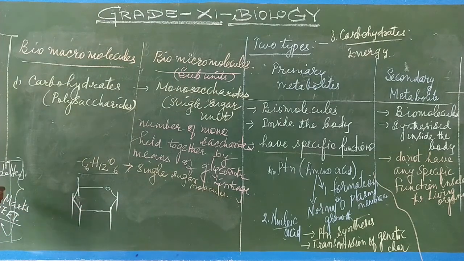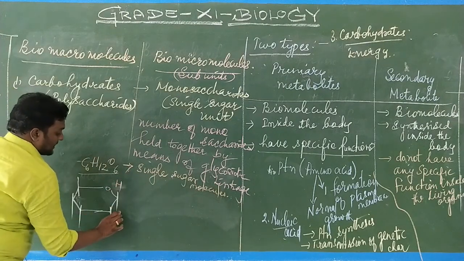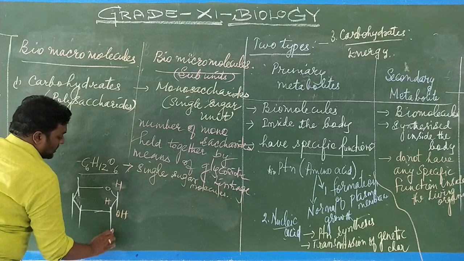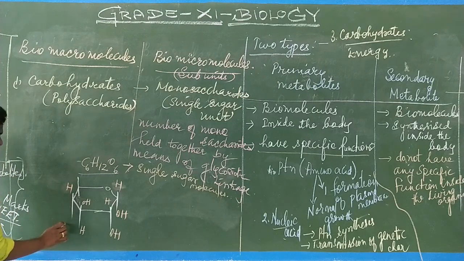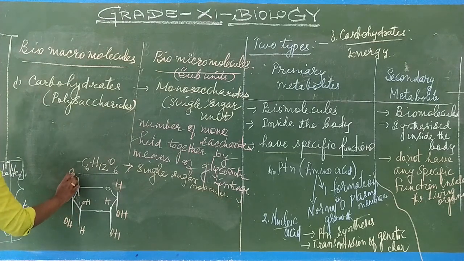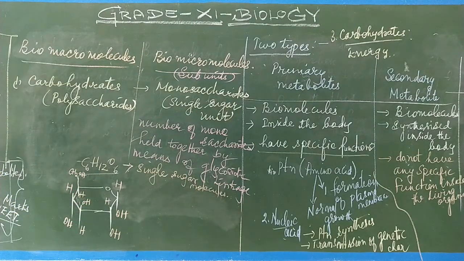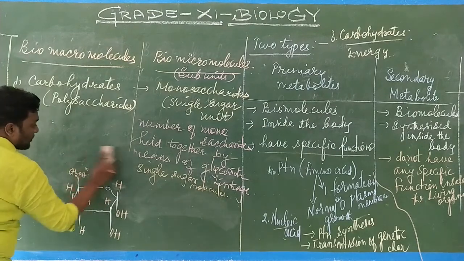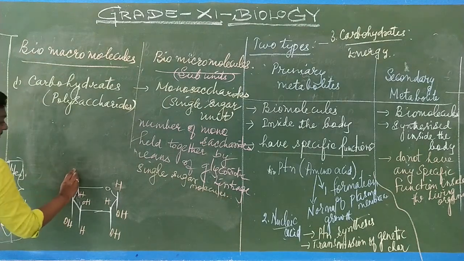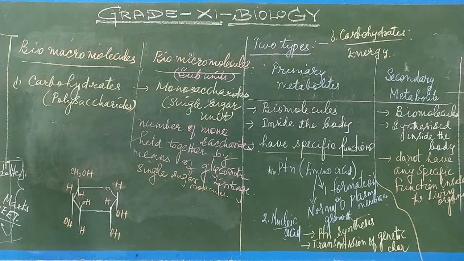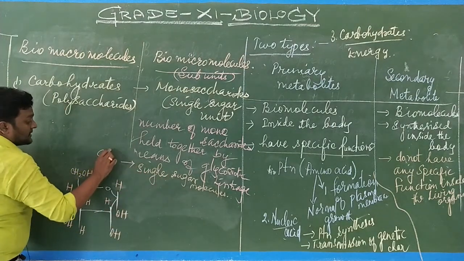For the sugar molecule I am going to write: I am starting with H, here it will be OH, here H, here OH, similarly here OH, here H, here H, here OH, and here CH2OH, and here H. I am calling it glucose. This is glucose, a single sugar molecule.